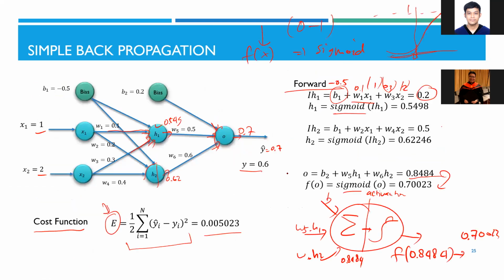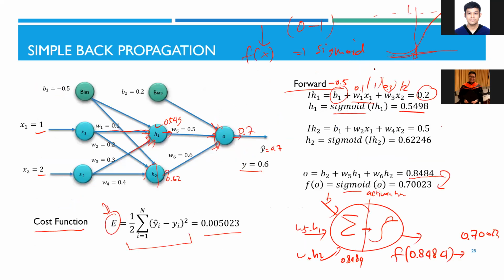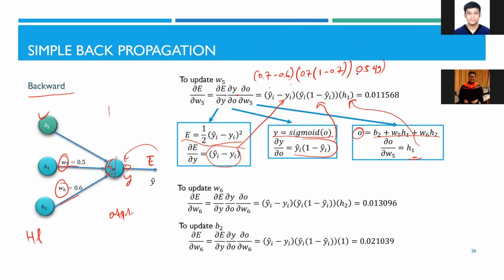H1 is this one, 0.5549. And finally, we get 0.0115, this one. So this is the delta for W5.